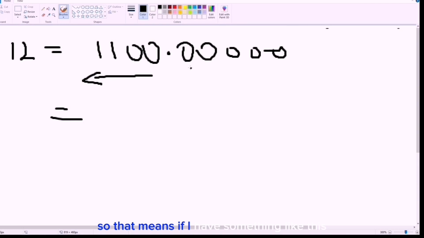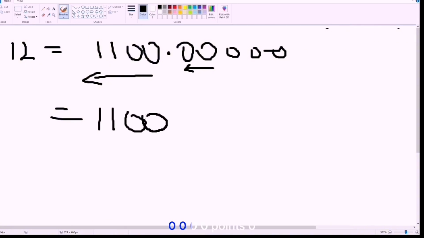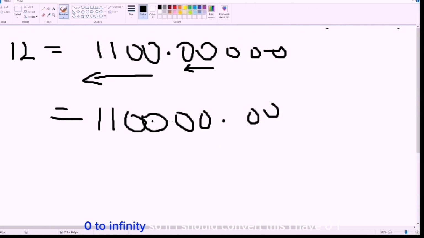So that means if I have something like this, I'll have to move them over to this side. So we have 11000.00 till infinity. So if I convert this, I have positions 0, 1, 2, 3, 4, and 5.